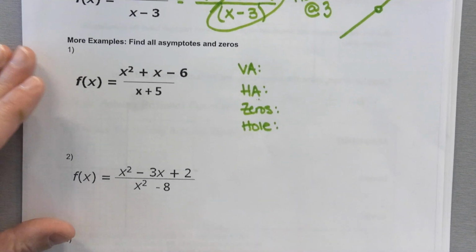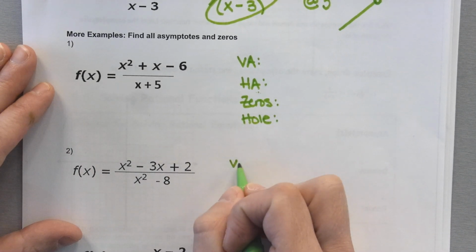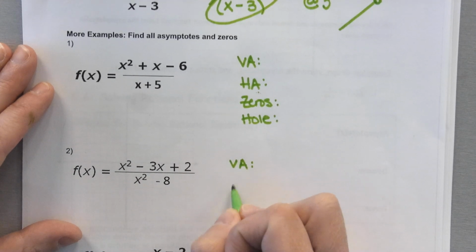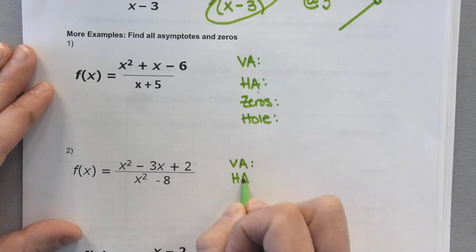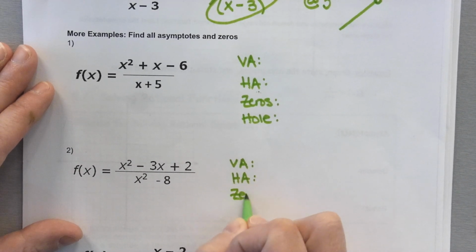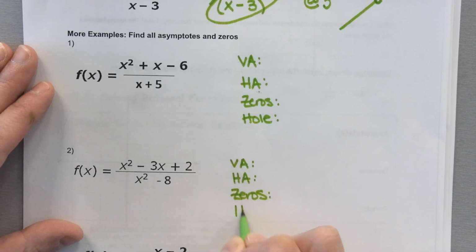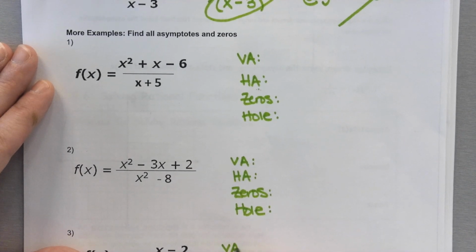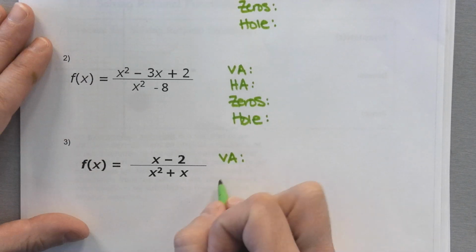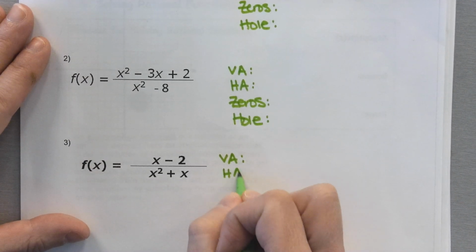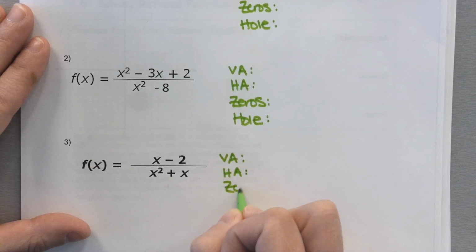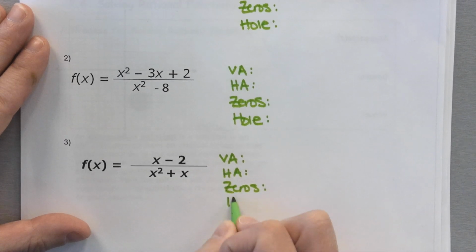So we're going to leave a spot for everything, but we may not fill them all in. So vertical asymptote, horizontal asymptote, zeros, and then a hole. So I'm going to write my laundry list for all of them first.